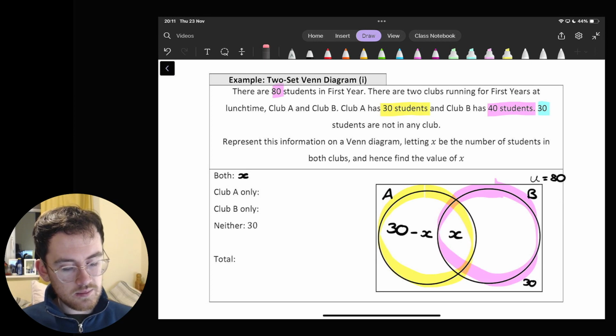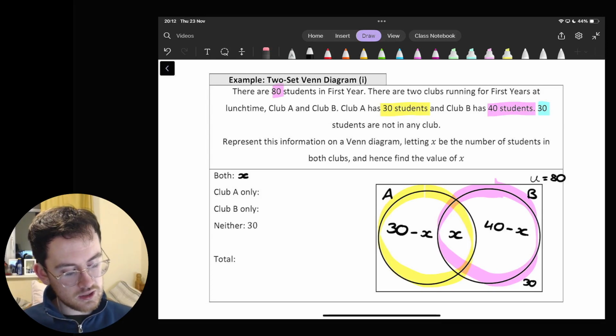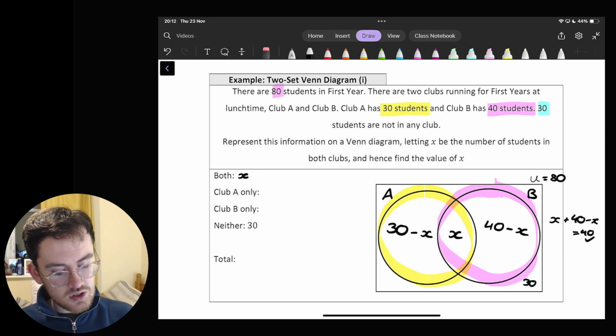Similarly, in the pink part over here, there were 40 students altogether in Club B, but in B only, we take away the ones who are in both clubs. Because if we were to add those together again, say we looked at all of B, it would be x plus 40 minus x, which just gives me the 40 that I need. So Club A only is 30 minus x, Club B only is 40 minus x.